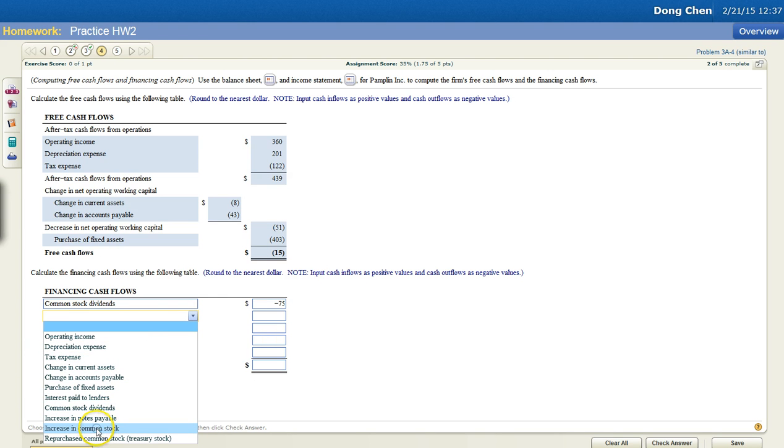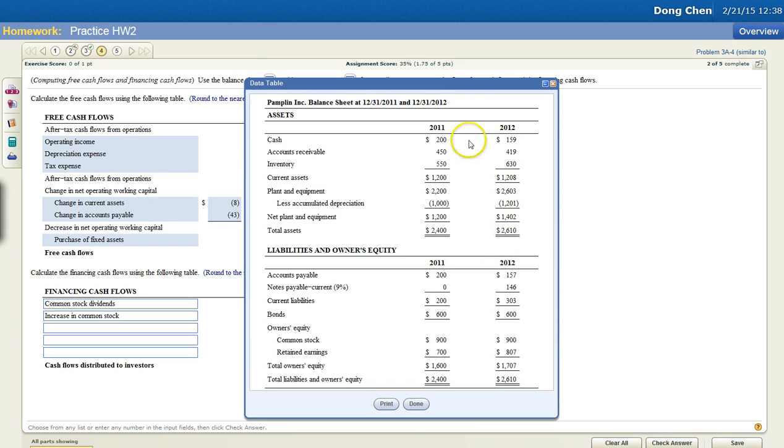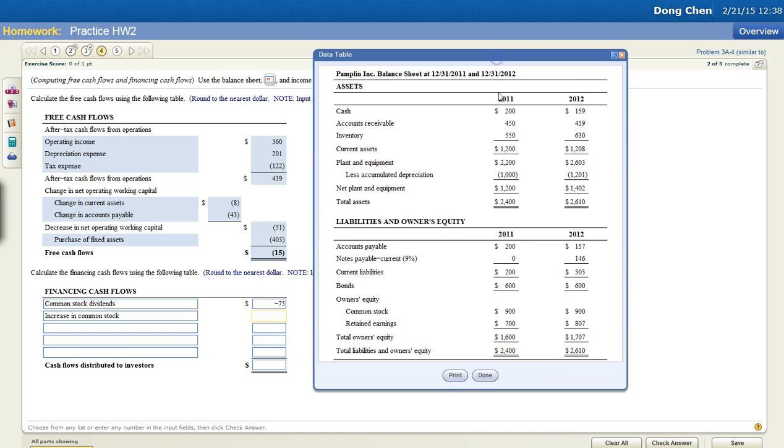That means if the firm issues more common stock, the firm is collecting money from shareholders. So from the firm's perspective, that's a positive cash flow. So then we go to the balance sheet and find the incremental common stock. Common stock actually doesn't go up, it stays the same. So this is 0.